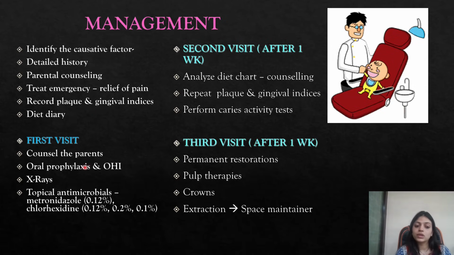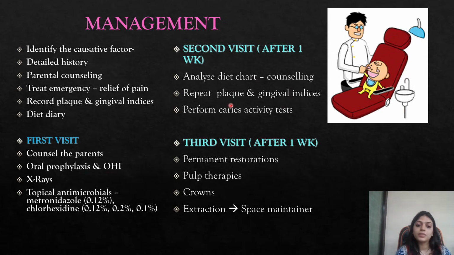First visit: usually counsel the parents, oral prophylaxis, oral hygiene indices, then x-rays are to be taken. Second visit: analyze the diet chart which was given during the first, and then do diet counseling if required. Then repeat plaque and gingival indices. Perform caries activity tests.